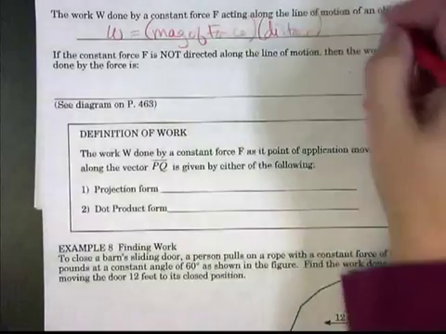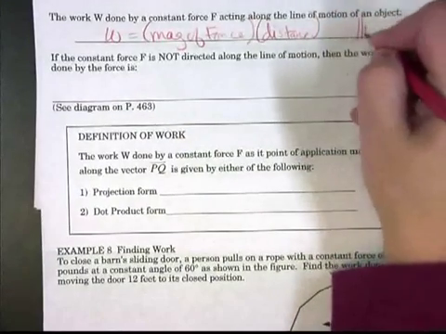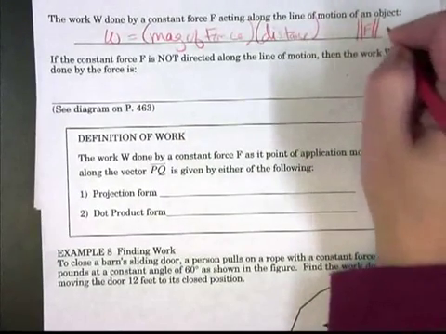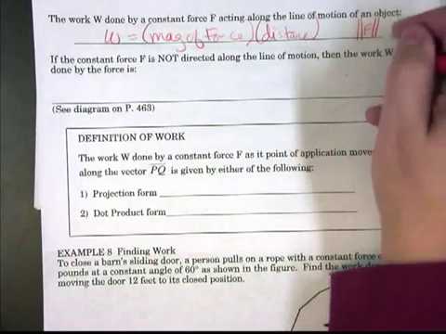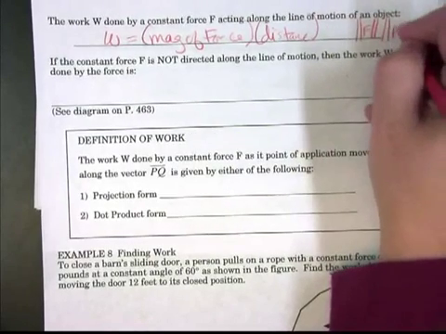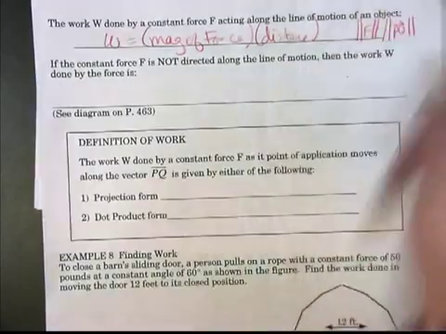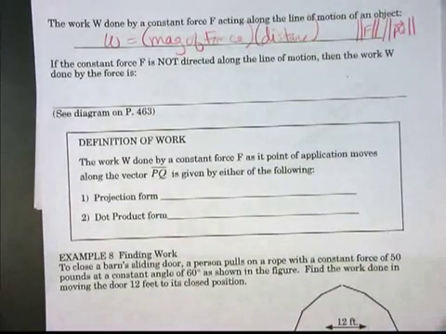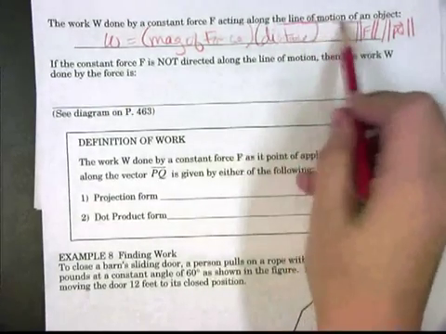So what this translates to is the magnitude of force and then the distance of the vector. This is the force of line on motion, the line of motion.